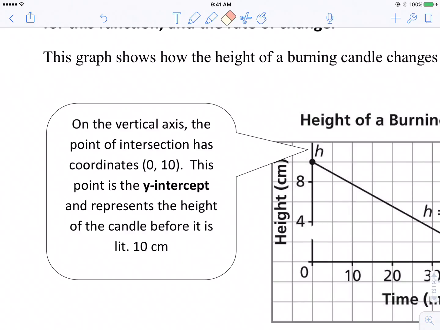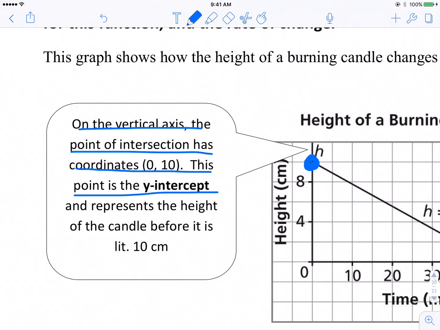So on this vertical axis, the point where the graph touches that vertical axis has a special name. The name of this point is called the y-intercept. Where does that graph cross that y-axis or that vertical axis? It says on the vertical axis, the point of intersection has coordinates 0, 10.